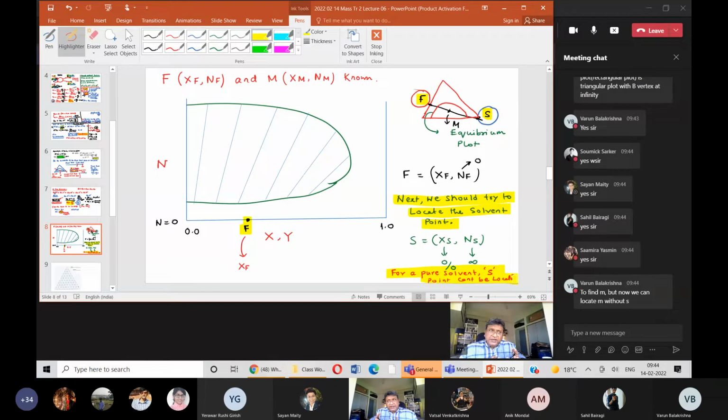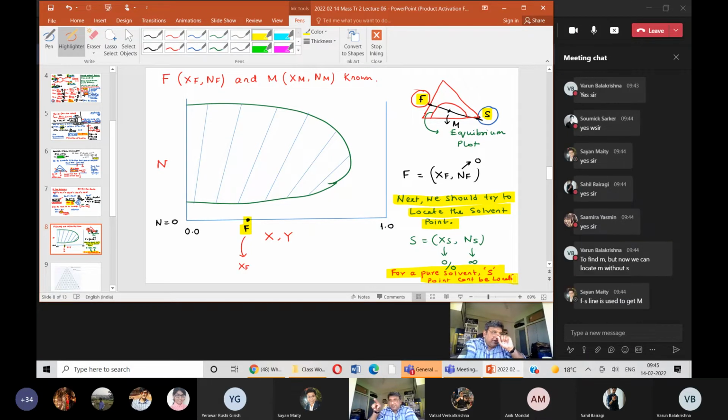The utility of the line Fs lies in the fact that we calculate a value of xm. This is important. We calculate an xm, but we cannot actually locate the xm because only xm is not going to pinpoint the point. So we also need to know either the A or the B composition. And wherever the line Fs intersects with that value of xm, we get the point M.